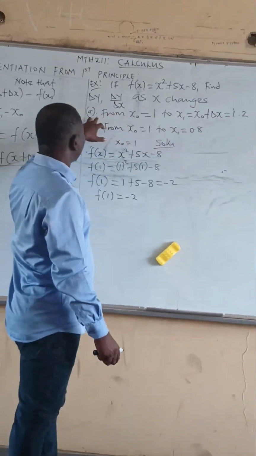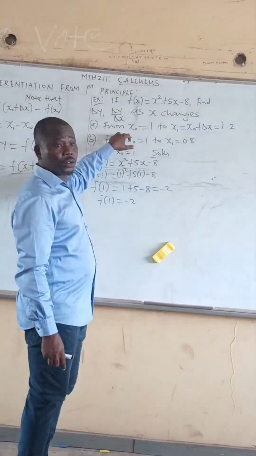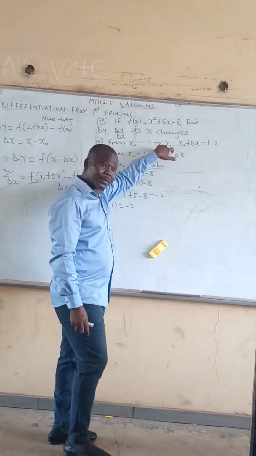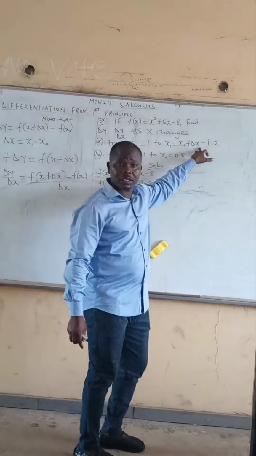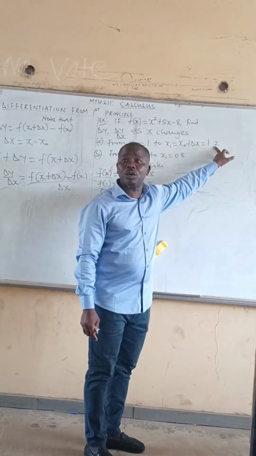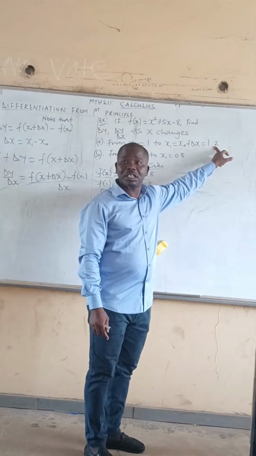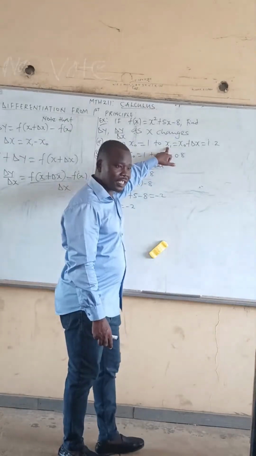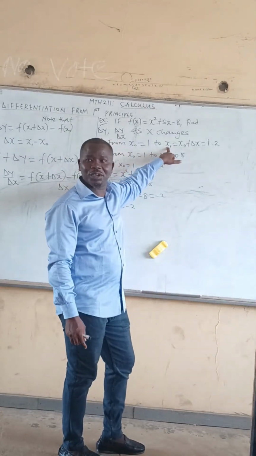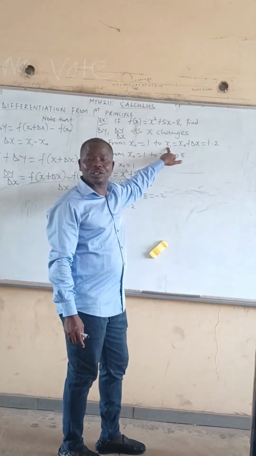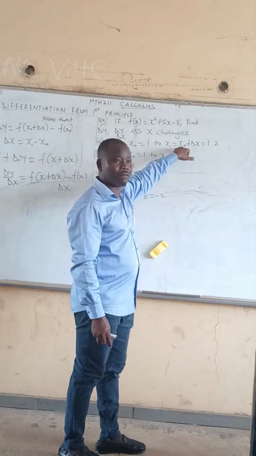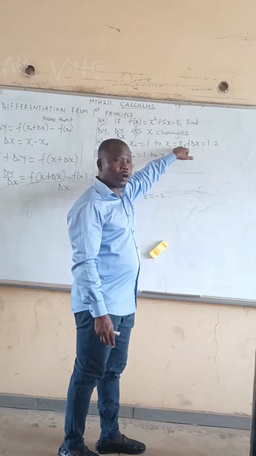Now what we need to do here is to consider this. You discover that x1 is equal to x0 plus dx. So how can we obtain this x1? What is your x0? 1, right?